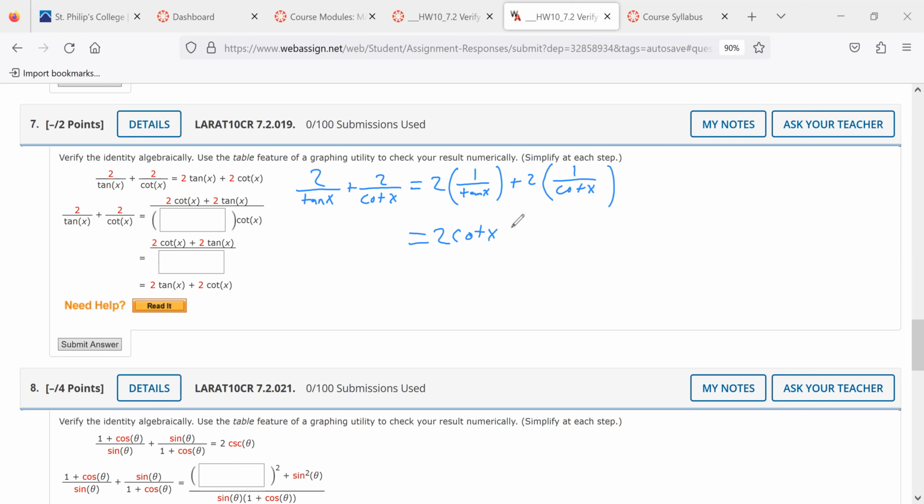And then this guy, tangent. Reciprocal identity. Isn't that what we wanted to show anyway?